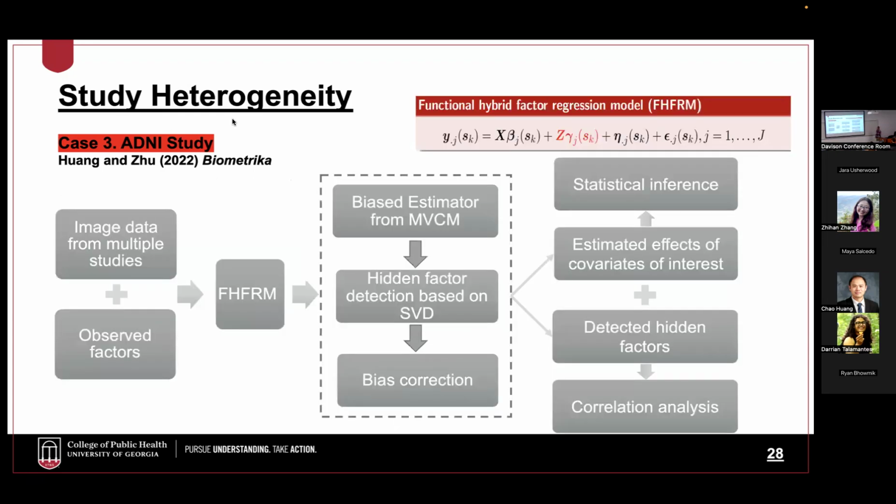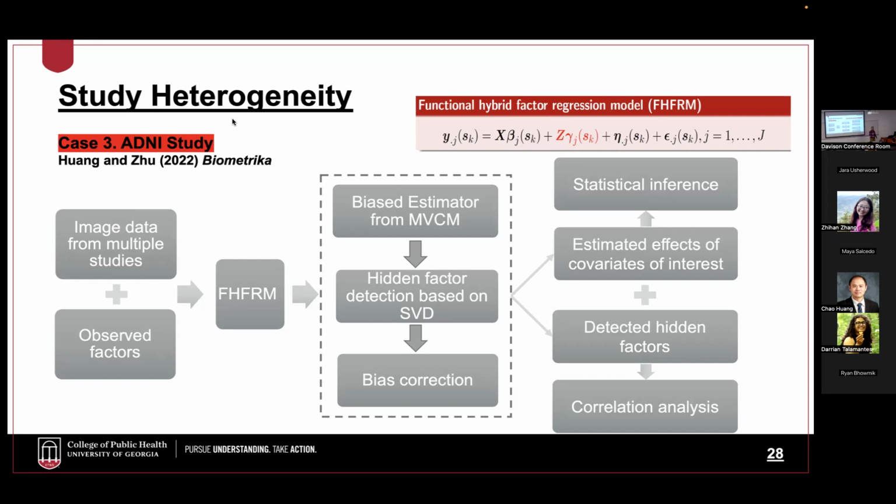What we are going to do is build what we call a hybrid factor regression model, which means that we want to include all the variables we are interested in in this regression model. We also want to take all the potential hidden variables or unobserved factors into our model as well. In this model, X is the observed variables, and Z is the unobserved ones.